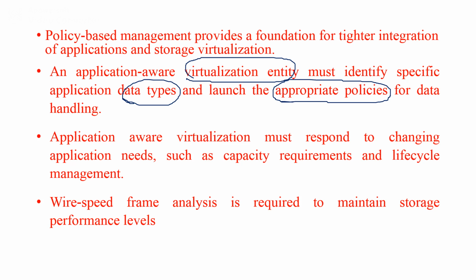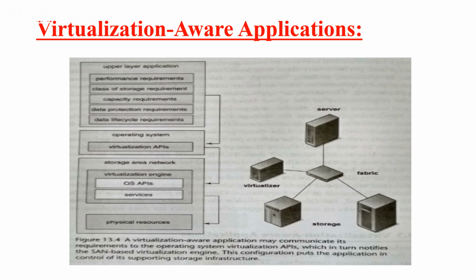Application-aware virtualization must respond to changing application needs. So whatever the application-aware virtualization entity, it must respond to changing application needs, such as capacity requirement and life cycle management, while speed frame analysis is required to maintain storage performance levels. The diagram shows virtualization-aware policies.